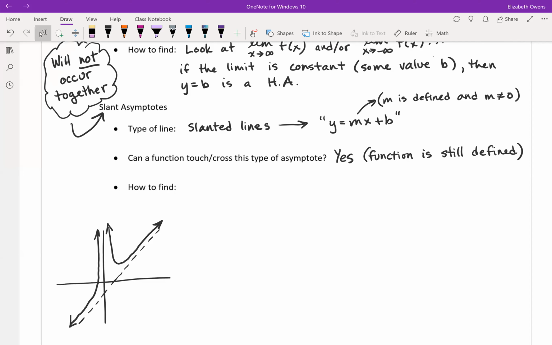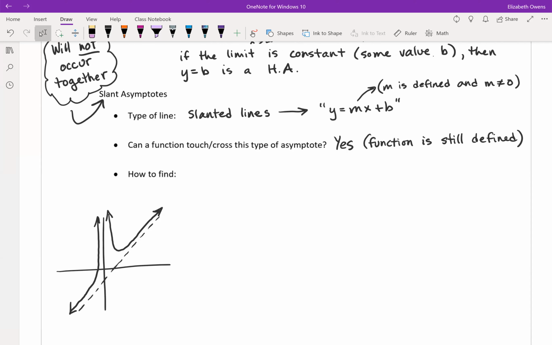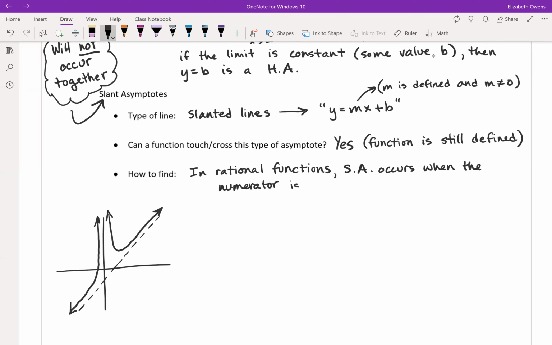Okay, so how do we find a slant asymptote? Well, if we're looking at a rational function, as we often will be, okay, for these asymptote problems, in rational functions, a slant asymptote occurs when the numerator, so the polynomial in the numerator, is exactly 1 degree higher than the denominator.